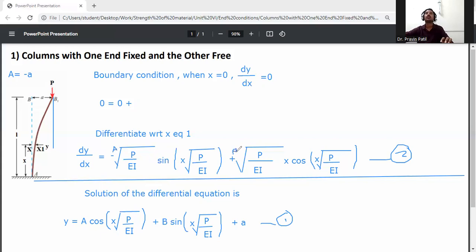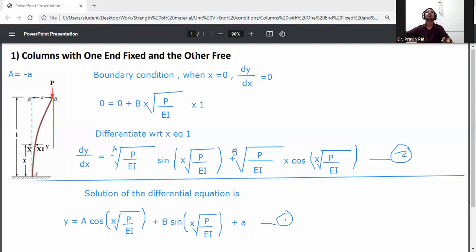So this one, b root of p by a EI, then cos 0 will be 1.